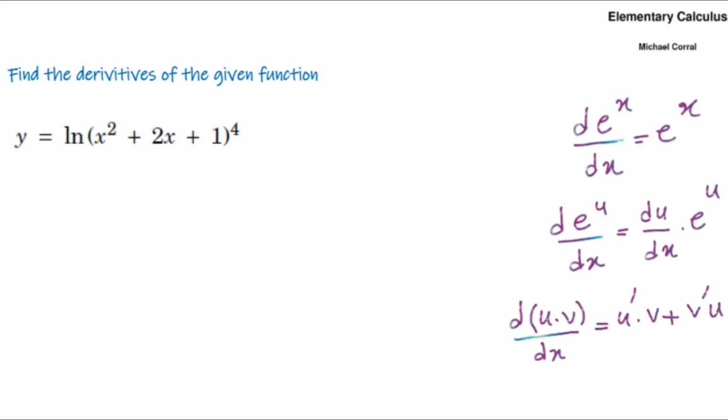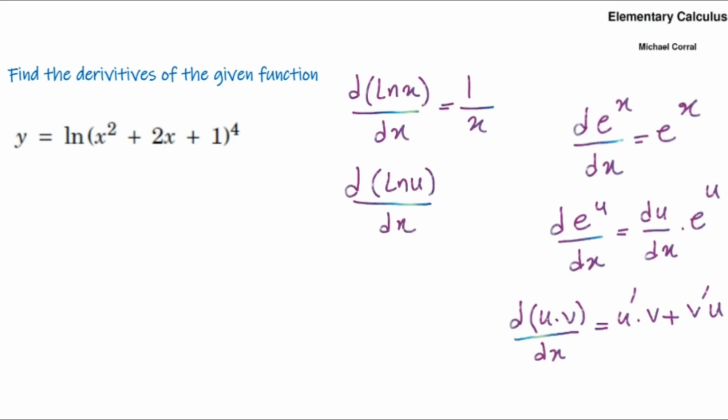We should know that ln, or natural logarithmic functions, are inverse functions of exponential functions like e to the power of x, and the derivative of ln x with respect to x equals 1 over x, and the derivative of ln u with respect to x equals the derivative of u with respect to x times 1 over u.